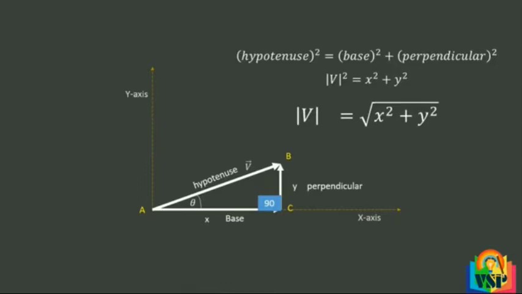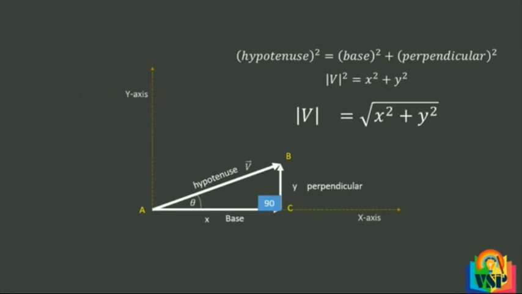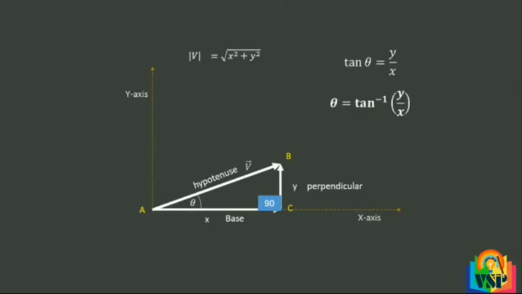From that, v square is equal to x square plus y square. Modulus of v is equal to root of x square plus y square, meaning the magnitude of vector v. Then coming to direction, tan theta is equal to perpendicular by base. From that, theta is equal to tan inverse of y by x.